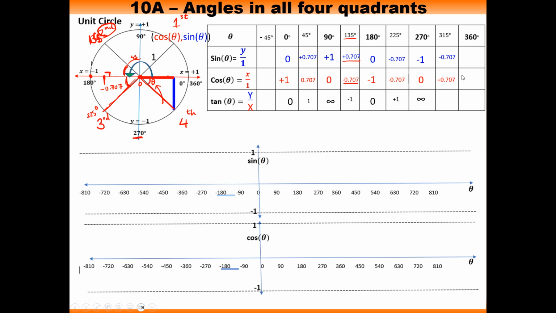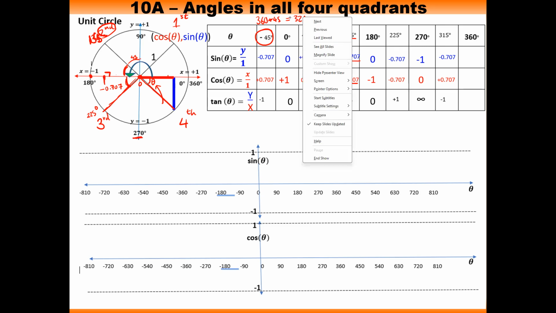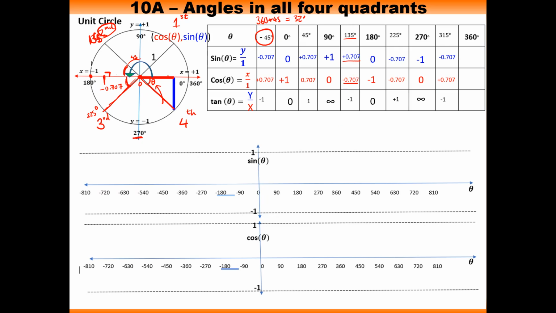So let's just finish this part of the graph off. For negative angles, I already told you that going negative means going clockwise from zero on this triangle. So if I'm taking sine of negative 45, it's the same as sine of 360 plus negative 45, which is 315.